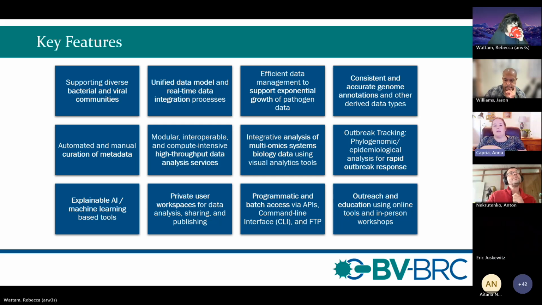But it is set up to support exponential growth of pathogen data. So a few years ago, we didn't have any SARS-CoV-2 genomes, and now we have millions upon millions of them. And we continue to analyze multi-omic data using visual analytical tools. And if you're someone that uses high compute resources, we have programmatic and batch access via APIs, the command line interface, and FTP.